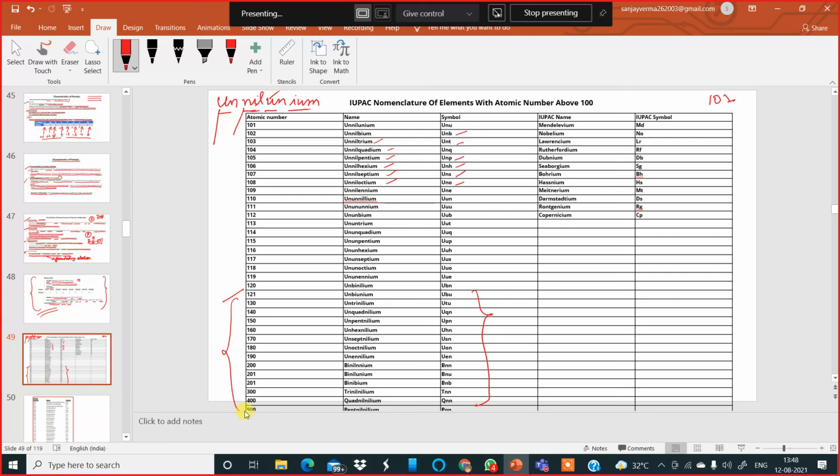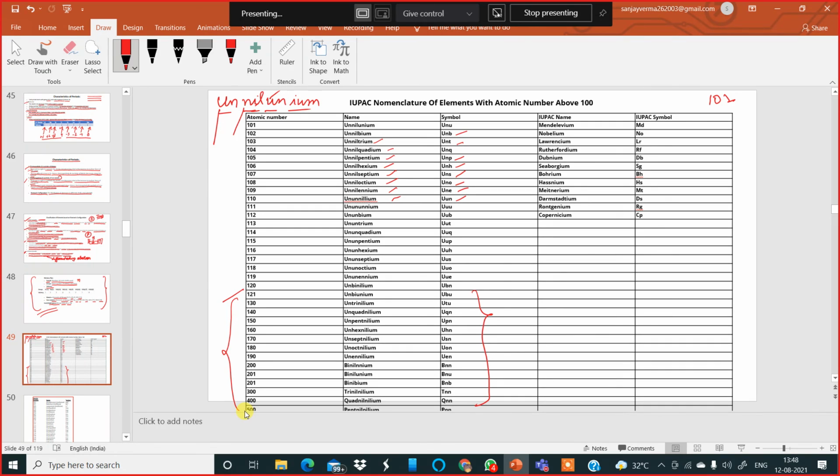109: un, nil, ennium. Un, nil, en. 9 is enn: Une. 110: un, un, nilium, Uun.